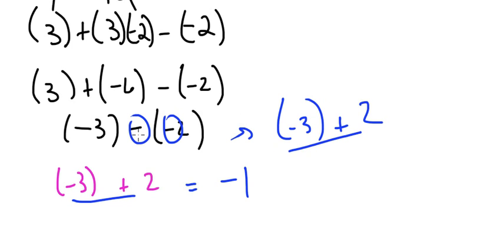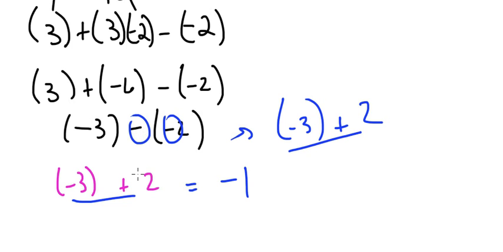Because I have two negatives side by side. It changes to positive. If you don't understand, we talked about this a few lessons ago. Two signs that are alike are going to be positive. So here's two signs side by side that are alike. It's positive.